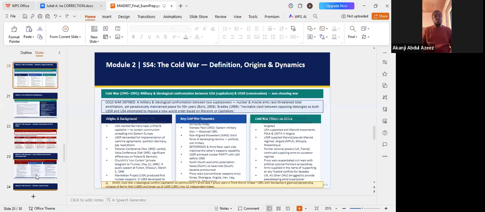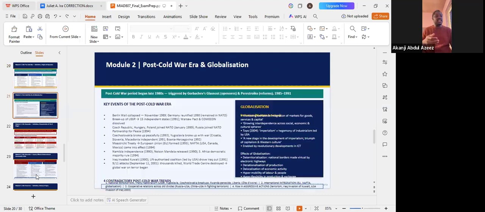Also, when you look at the effect on Africa, you also need to look at the effect on the global level. How the Cold War had an effect on global politics.